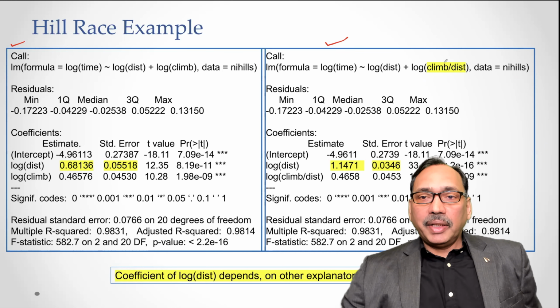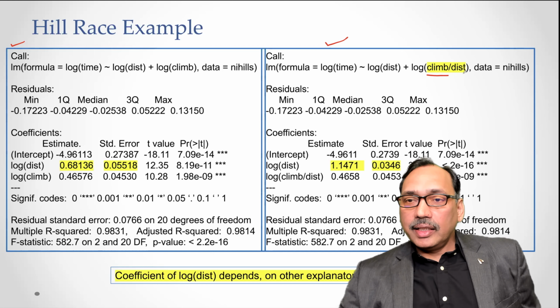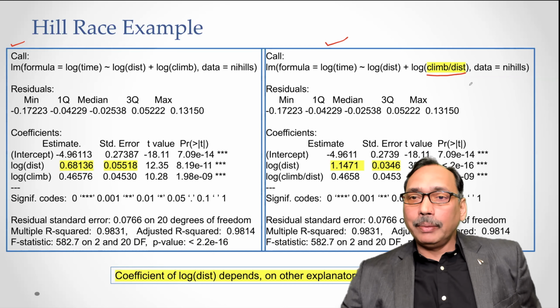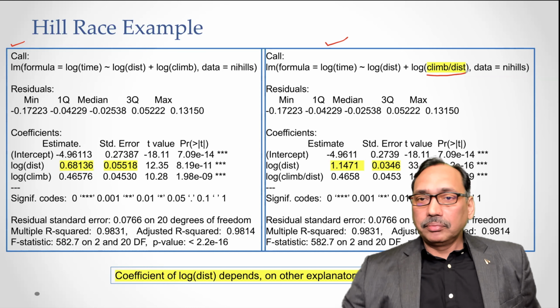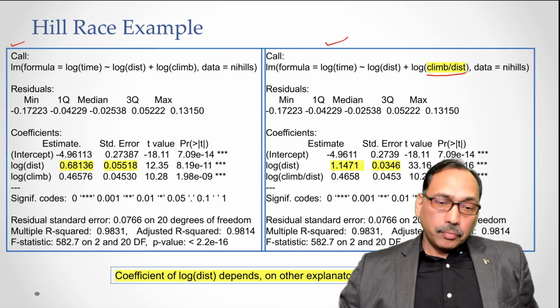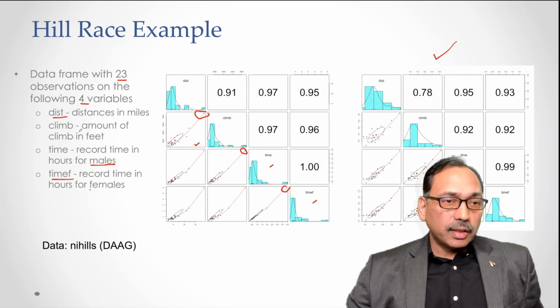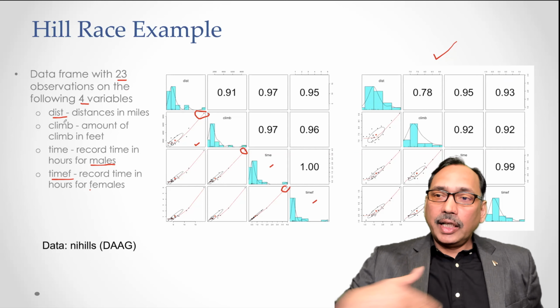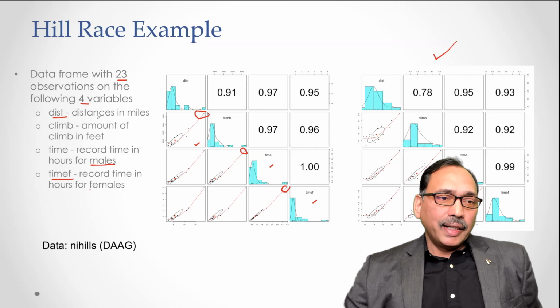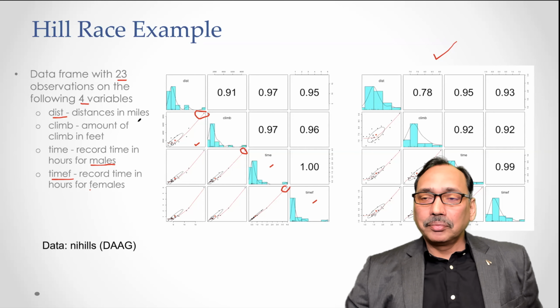In the second summary, the only difference is what is highlighted here. Instead of using climb, we are using climb divided by distance. If you recall, climb is the amount of climb in feet in the entire run, and distance is distance in miles.